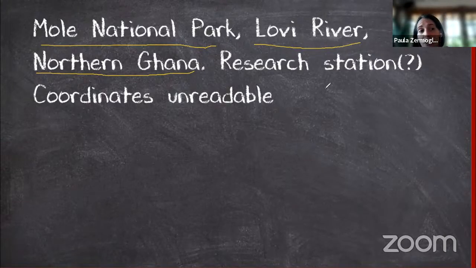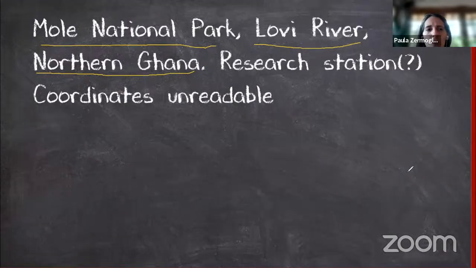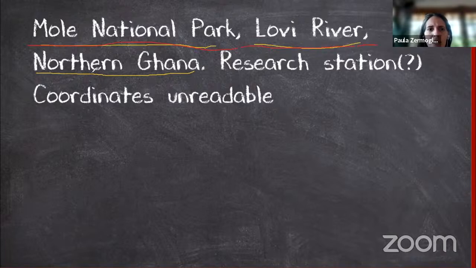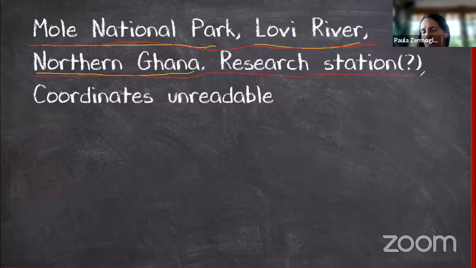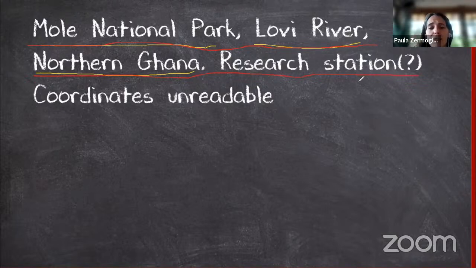So going to locality, what will we capture in locality? Well, we could capture all this. I'm going to put it in another color to show what we would capture in locality. Locality, Lobe River, and we could actually put it all, because research station would be the most specific part of the location, but alone doesn't say anything.